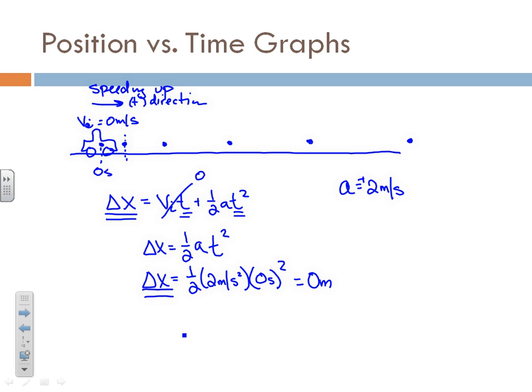What about at 1 second? We substitute 1 into this equation: 2 meters per second squared, 1 second. So 1 squared is just 1, times 2 times 1/2 is just 1 meter. So at 1 second, we're located at 1 meter. What about at 2 seconds? We plug that in.